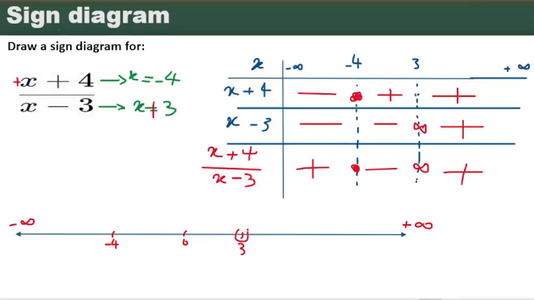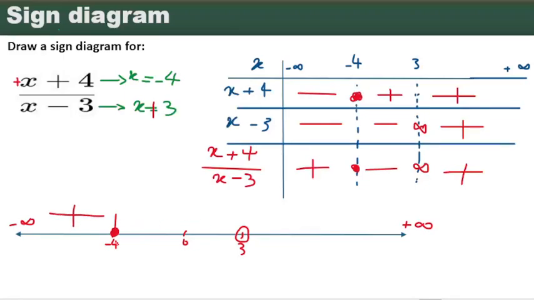For 3, I put an open circle, and for negative 4, I put a filled circle. So from negative infinity to negative 4, my sign would be positive.